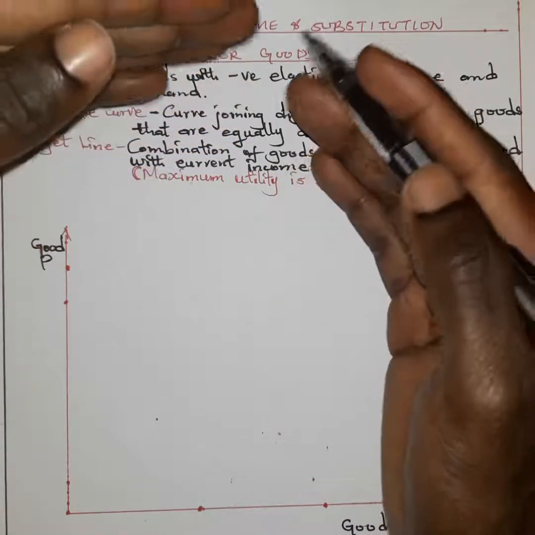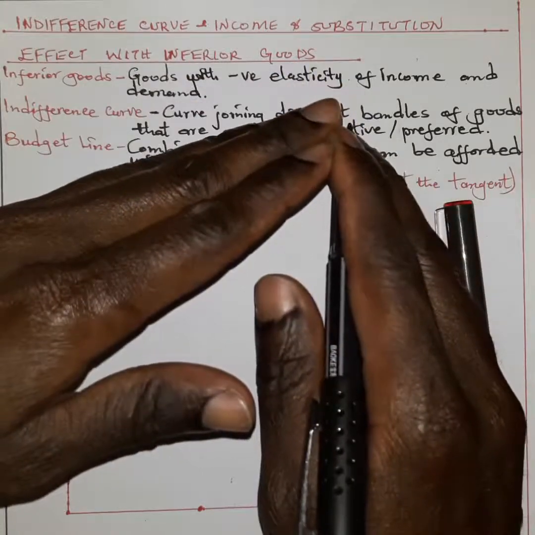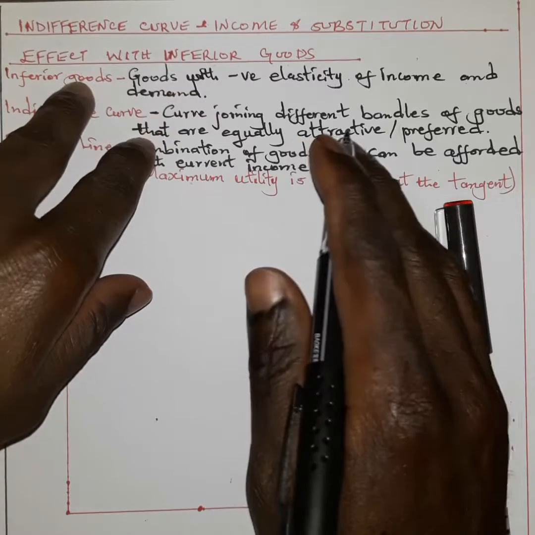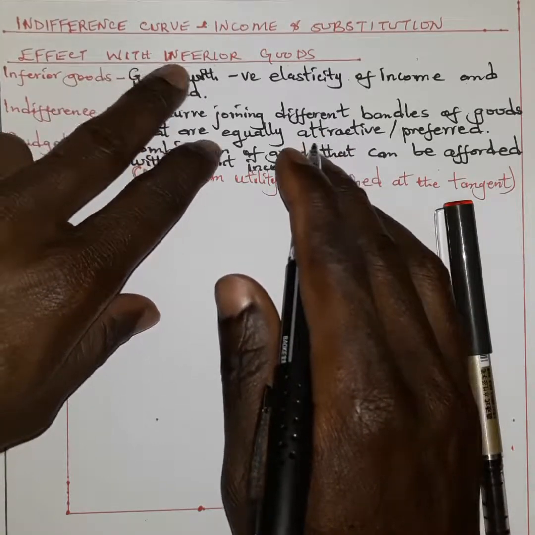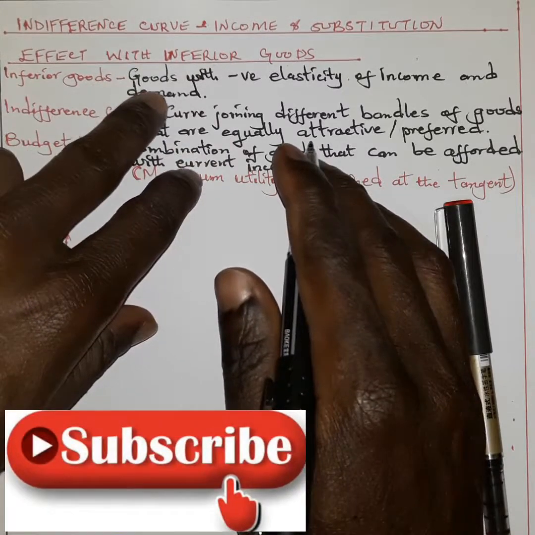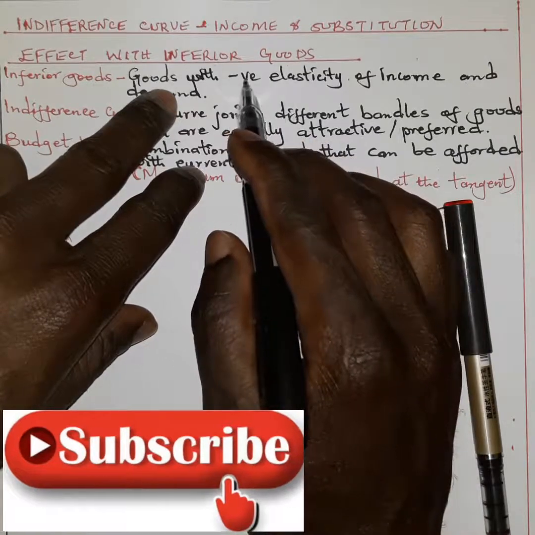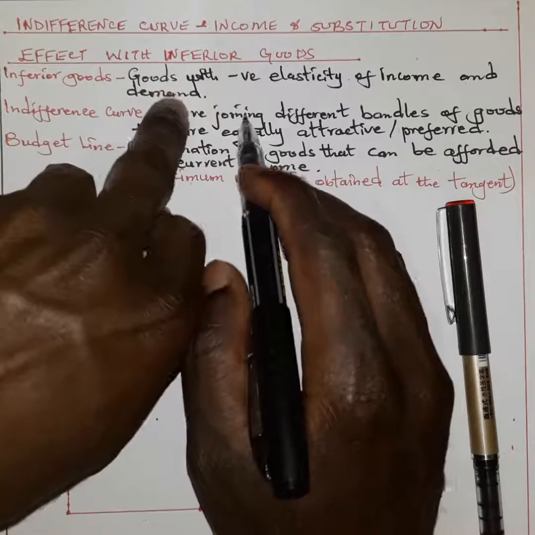That is, when the price decreases, the demand for these particular goods increases. But for an inferior good, when there's a decrease in the price of these goods, the demand decreases. That is why we refer to the negative income elasticity of demand.